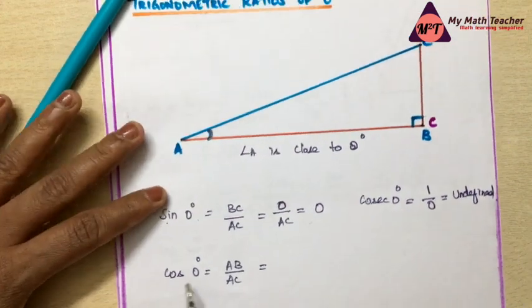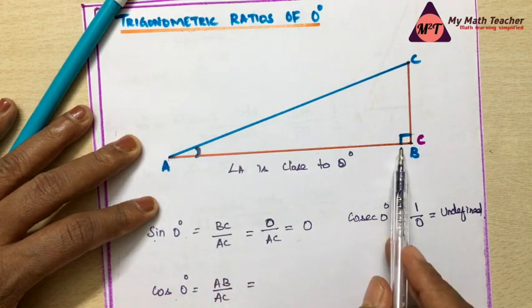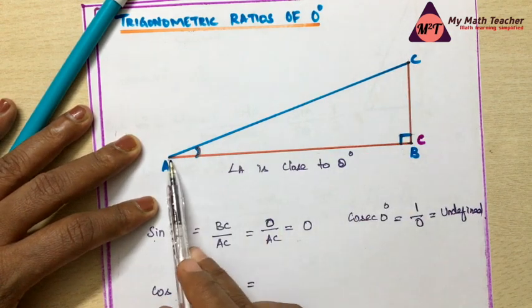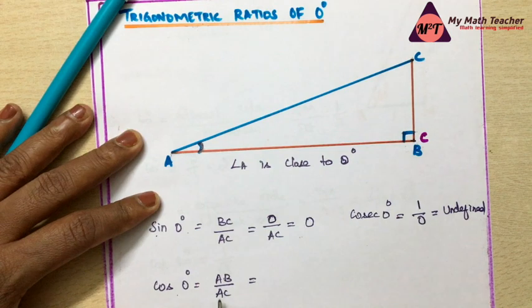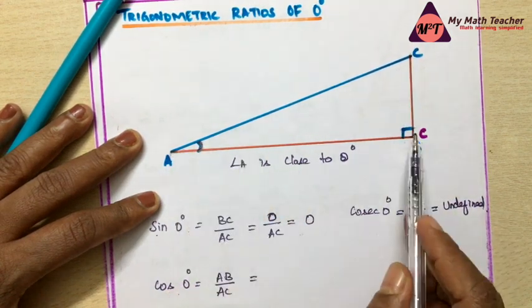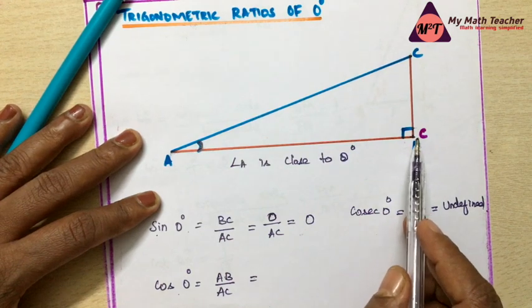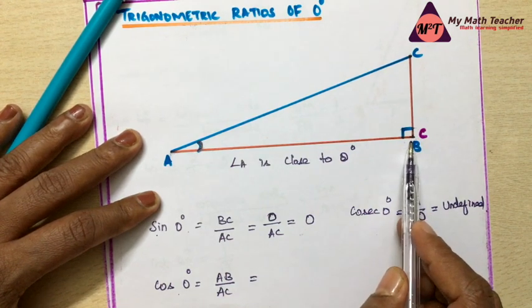The next one, cos 0. As we know, cos is adjacent side by hypotenuse. Now adjacent side is AB and hypotenuse is AC. Since C is very close to B, AB and AC are almost the same.